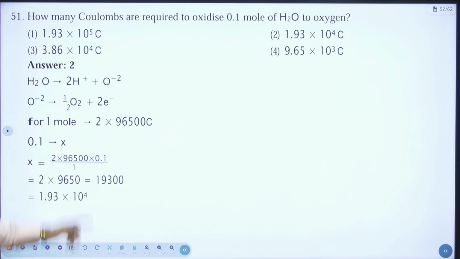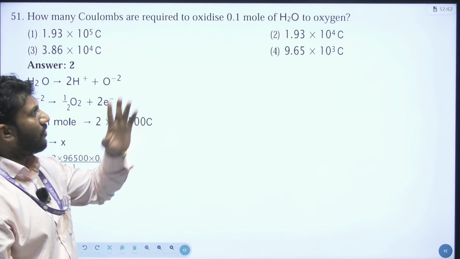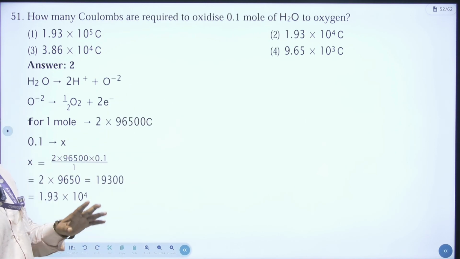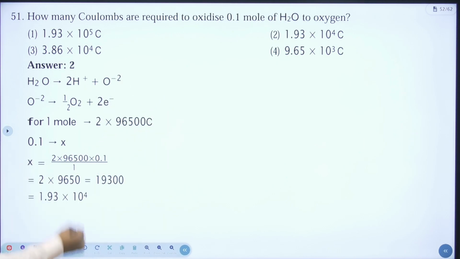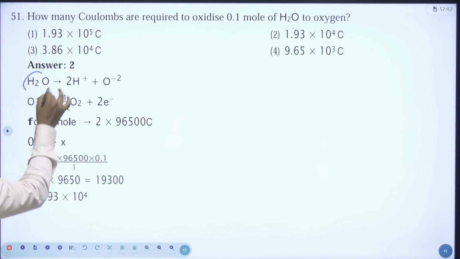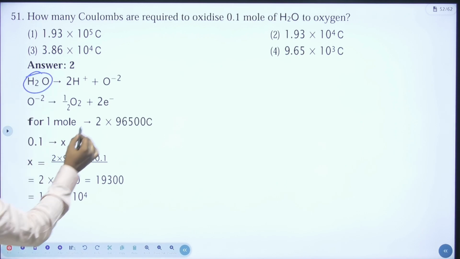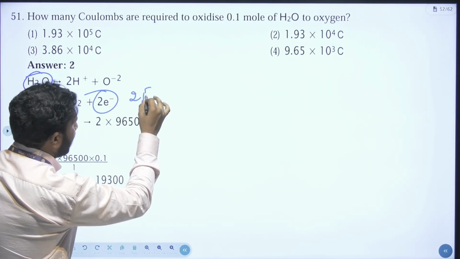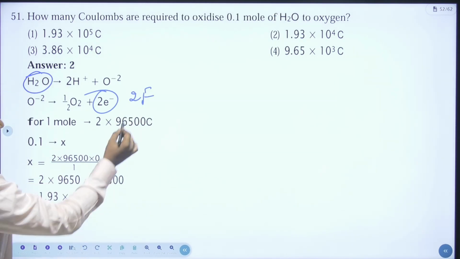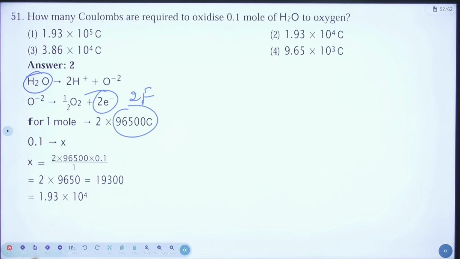Next question. How many coulombs are required to oxidize 0.1 mole of H2O to oxygen? So here 1 mole of water will oxidize to produce 2 electrons. 2 electrons is nothing but 2 Faraday current. So 1 Faraday is equal to 96,500 coulomb.